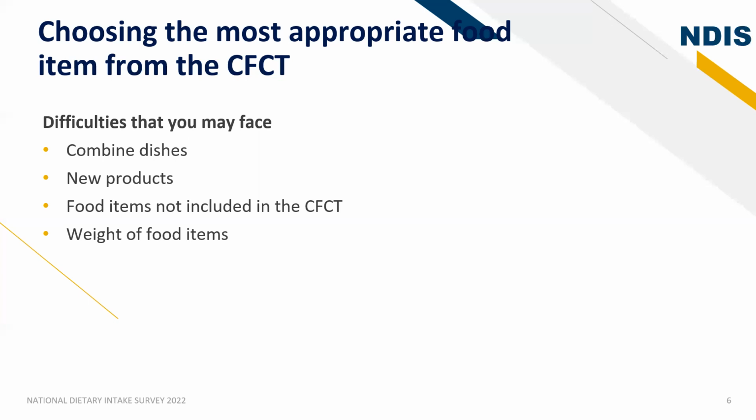And then food items that are not included in the food composition tables, there are some items that are not there, and it can also be food items that are imported. That might also be a problem.